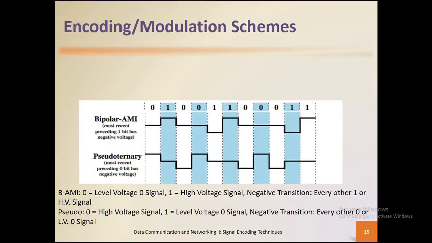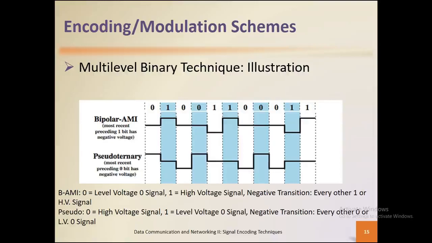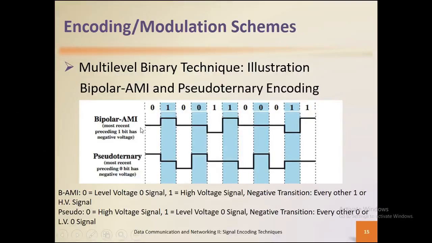So let's look at it from a plotting point. As we mentioned earlier on, 0 is indicated as a 0-bit within a given transmission. It's represented with a level voltage or no voltage presence, and 1 is represented with a positive voltage presence. 0 as usual, no voltage.